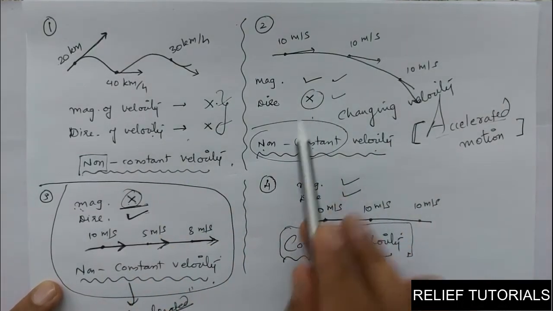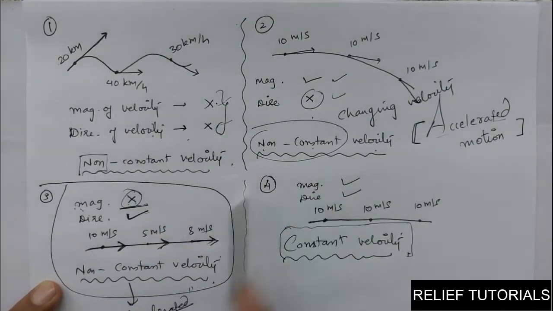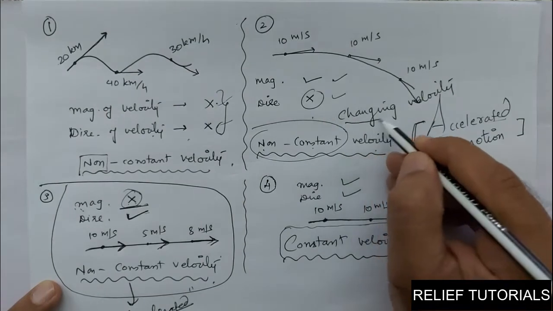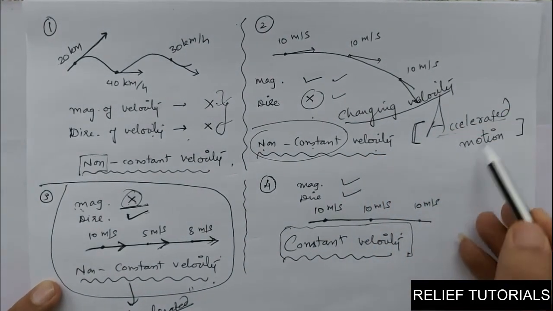Here direction changes, here magnitude changes. So if one of the characteristics is changing or both are changing, obviously these are non-constant velocity. Non-constant velocity is also called changing velocity, and the most appropriate word is accelerated motion.